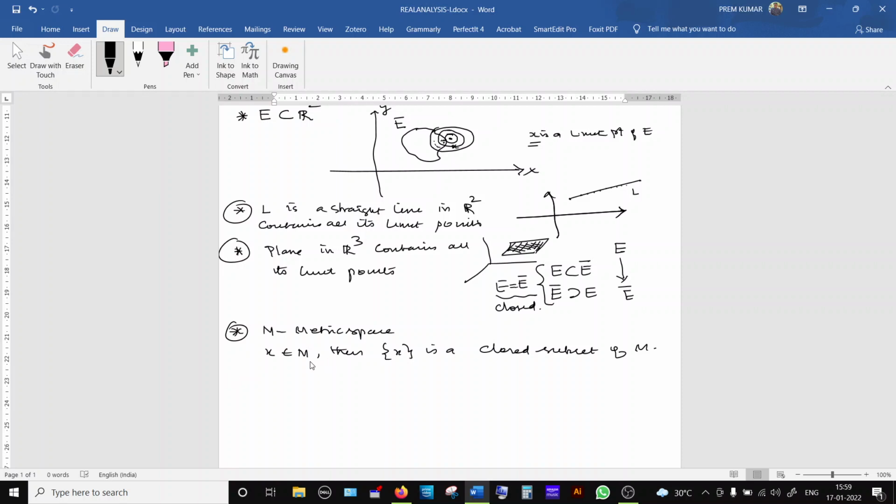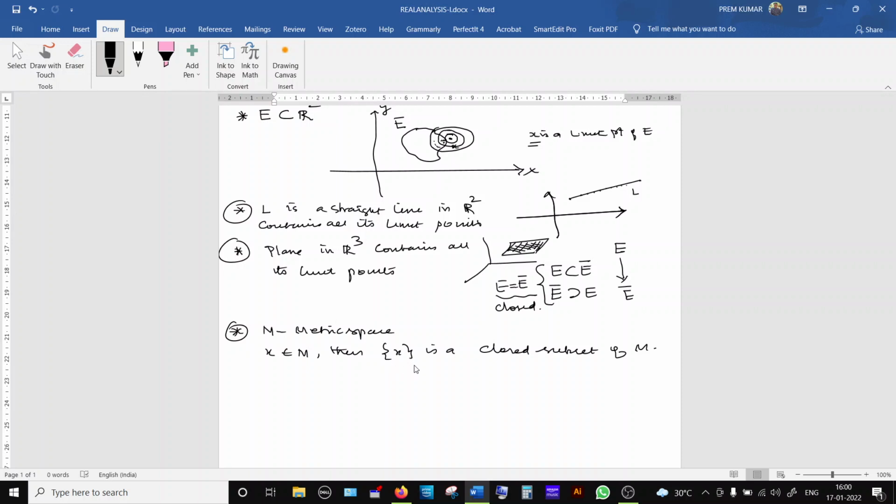Because in any metric space singleton sets are closed. When you say a set E is closed, as we just explained, it means it contains all its limit points. No limit point is outside the set.